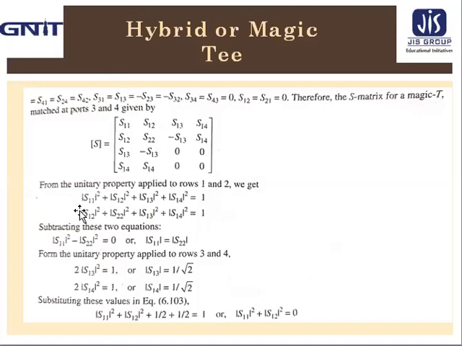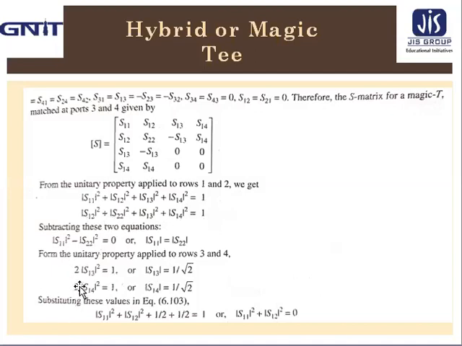Now from the unitary property applied to rows 1 and 2, we get that mod of S11 square plus mod of S12 square plus mod of S13 square plus mod of S14 square equal to 1, and mod of S12 square plus mod of S22 square plus mod of S13 square plus mod of S14 square equal to 1.